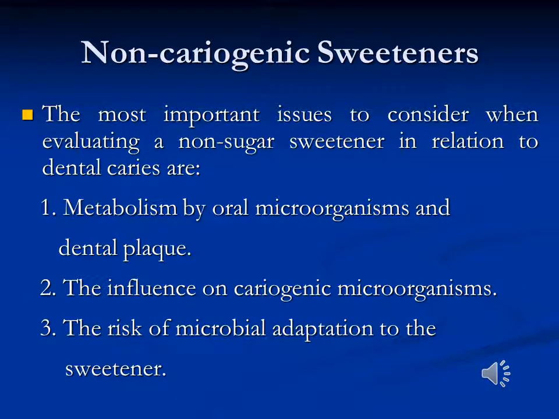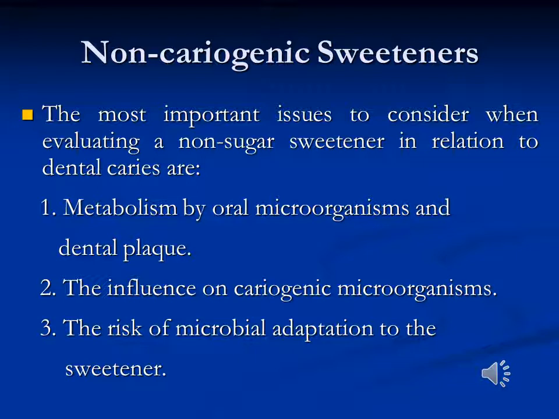The most important issues to consider when evaluating a non-sugar sweetener in relation to dental caries are: number one, the metabolism of these non-sugar sweeteners by oral microorganisms. Are they metabolized the same way as sugars or not, and their effect on the dental plaque? Number two, the influence on cariogenic microorganisms, if they have any effect on the cariogenic microorganisms.